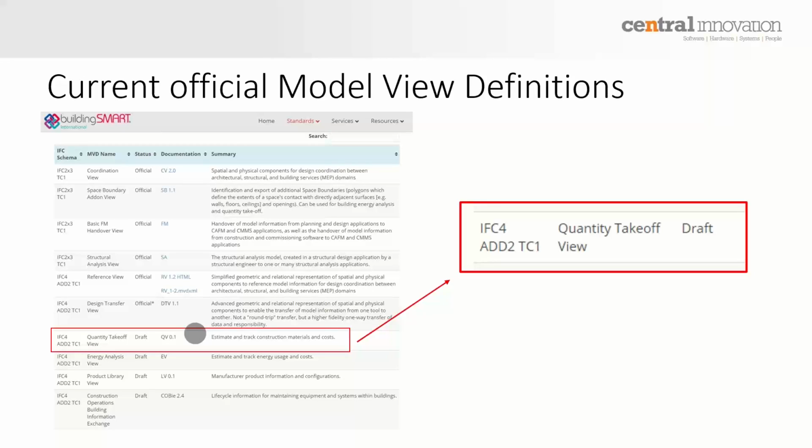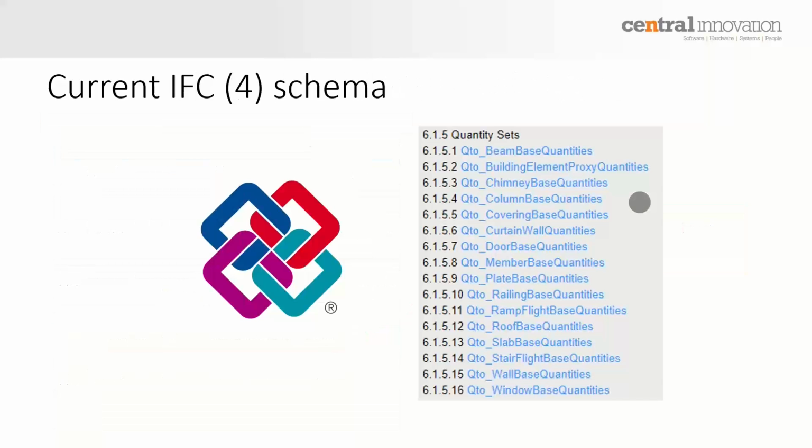I can't say when, I don't have that information with me, but if you know, please share it. There is a model view definition coming that apparently will be built specifically so that the data, the relationships between the elements and the definition of the geometry are defined for the purposes of quantity takeoffs. If we have that, this whole process will be a lot easier, so we don't need to guess a lot of this.